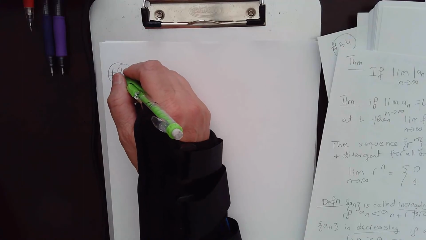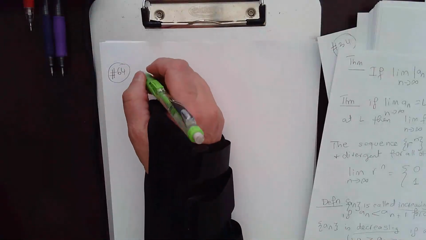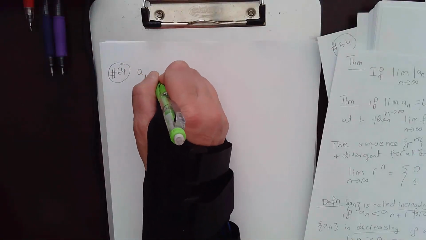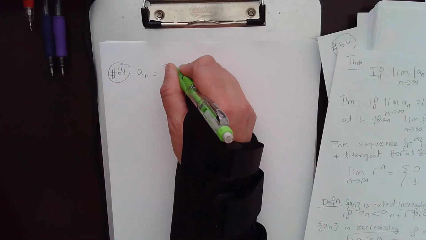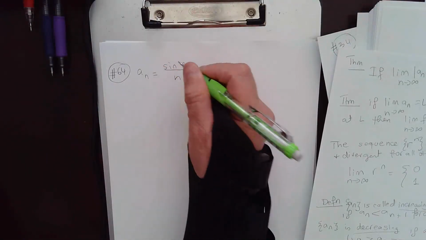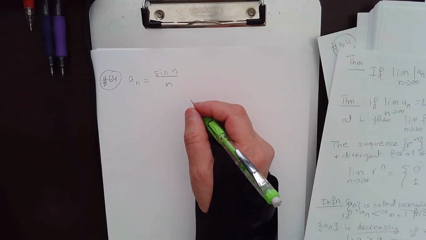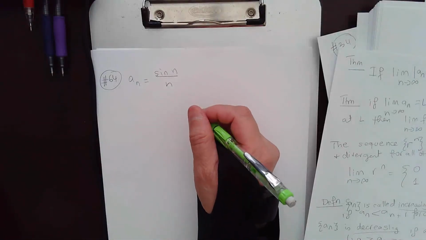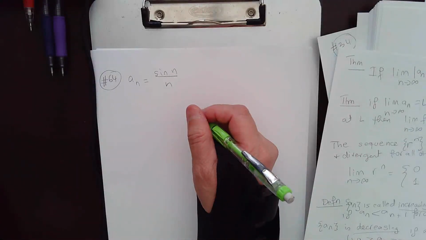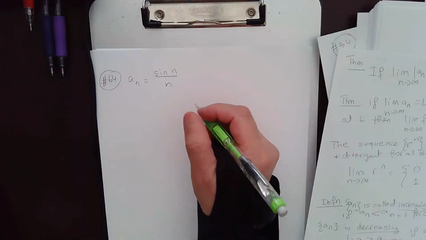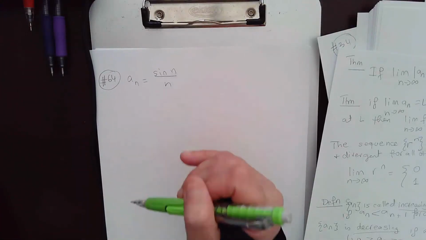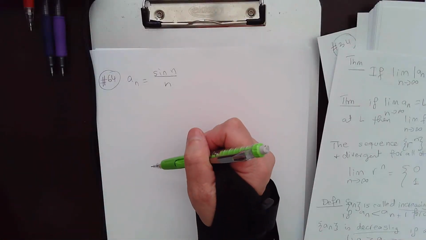Well, I would like you to go ahead and use your graphing calculator, graph sine n over n, and tell me what this is equal to. It would converge to what value?